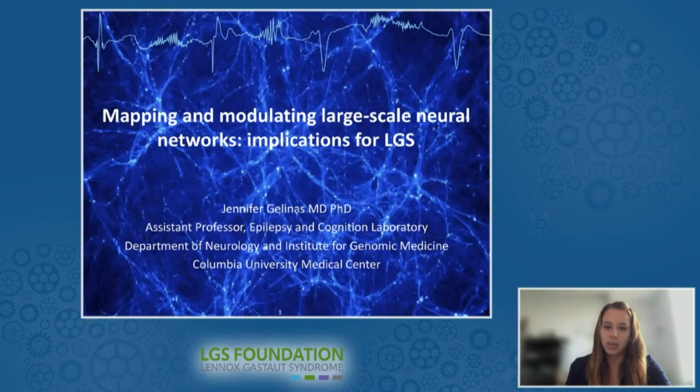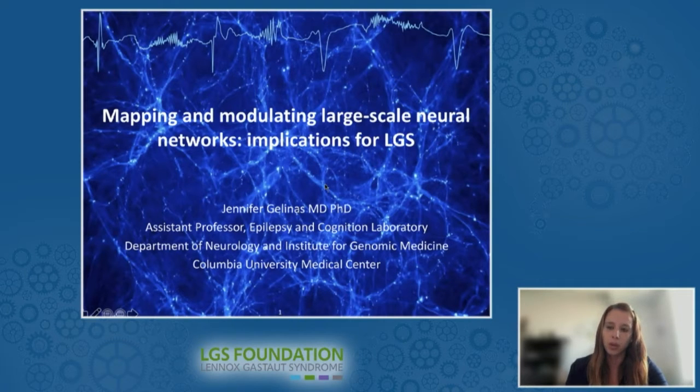And so what I'd like to do today is share with you some of our work where we've been mapping large-scale networks in focal epilepsy, starting in animal models but extending to humans, and then the start of our work to develop responsive neuromodulation techniques to try and really interact with these networks and try and revert them towards their physiologic state.